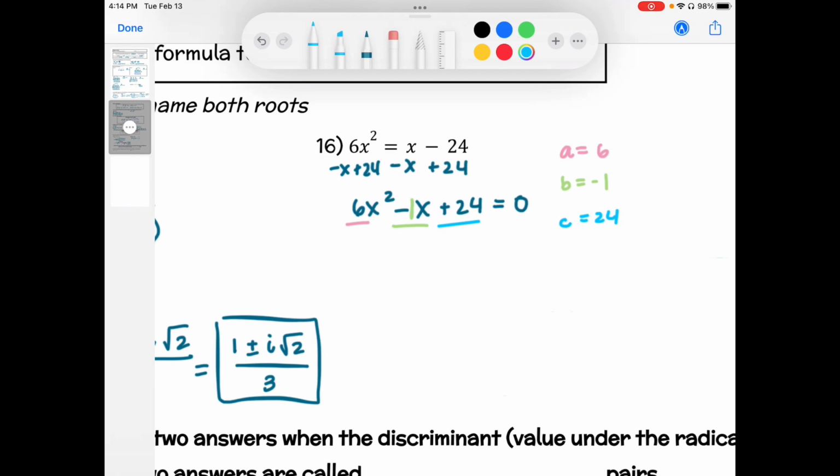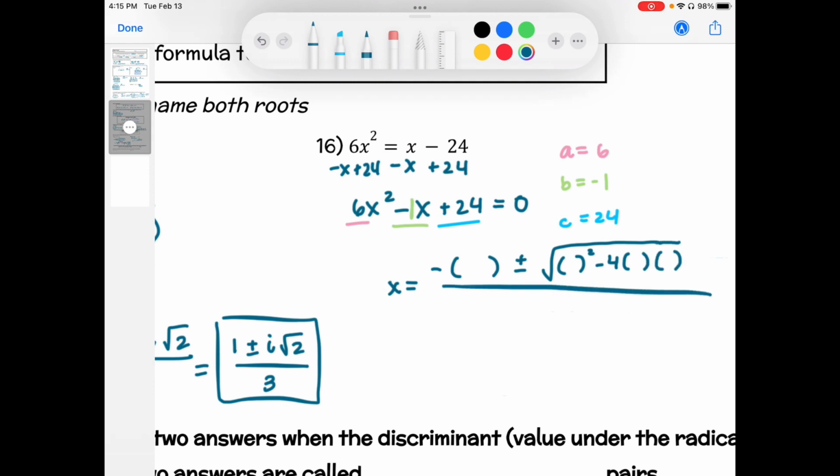All right, so I'm going to go ahead and do the same thing I did on the last problem where I color code everything. So we have x equals -b plus or minus the square root of b squared minus 4ac all over 2a. So we're just plugging everything in from what we found.